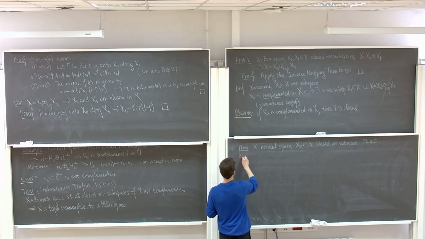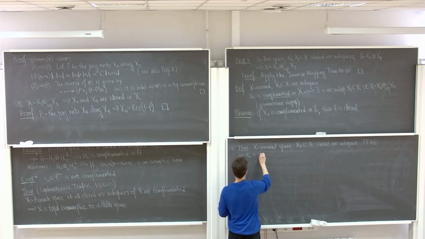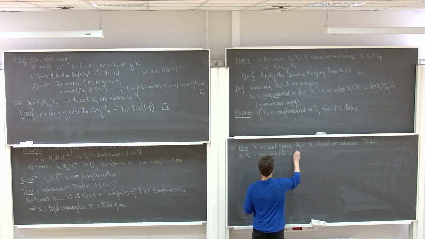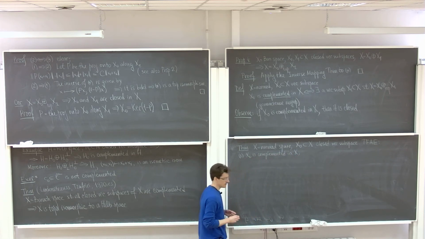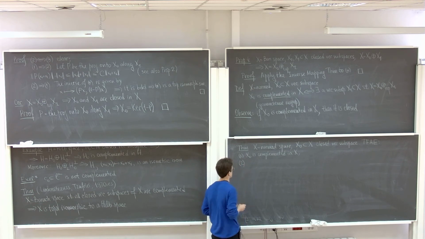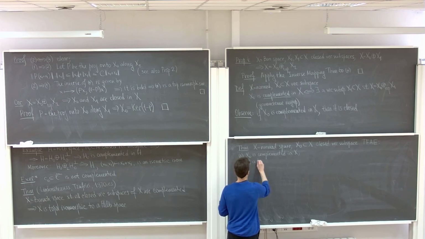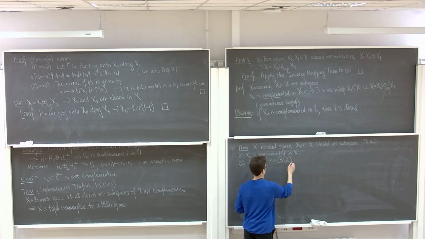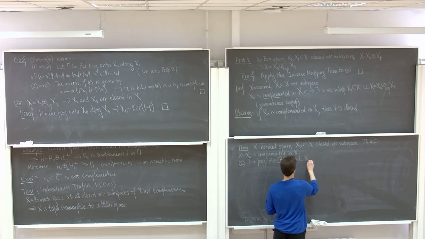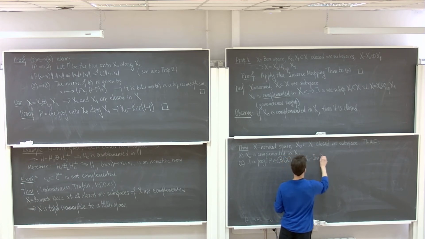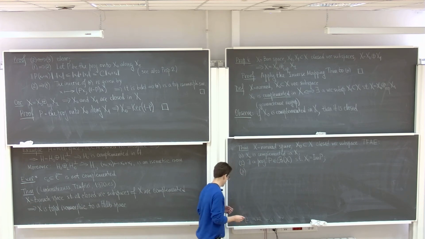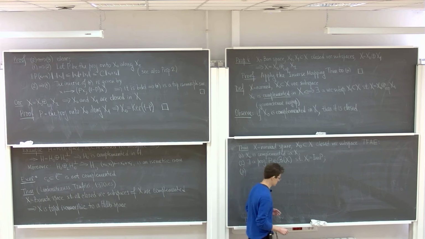Condition 1, X0 is complemented in X. Condition 2, X0 is the image of a bounded projection. There is a projection P, a bounded projection P on X, such that X0 is the image of P. And condition 3 is given in terms of quotients.